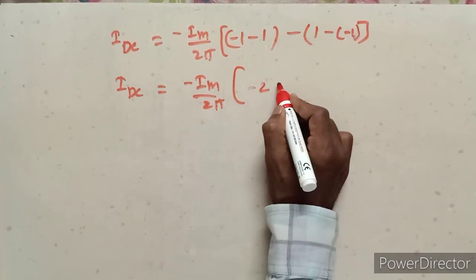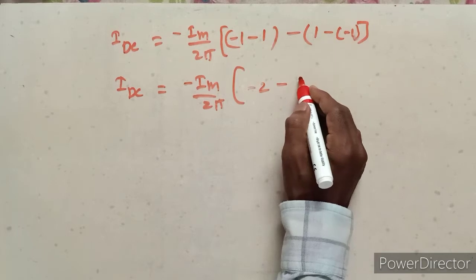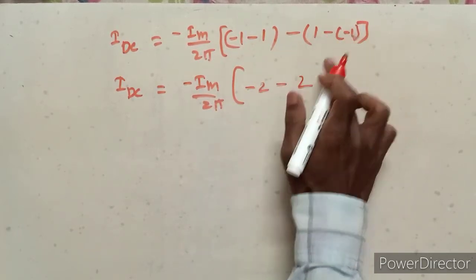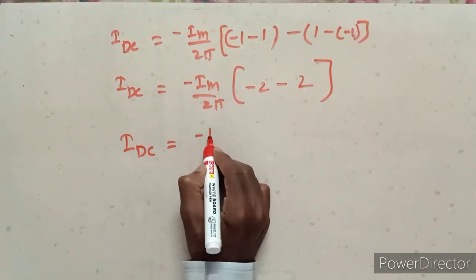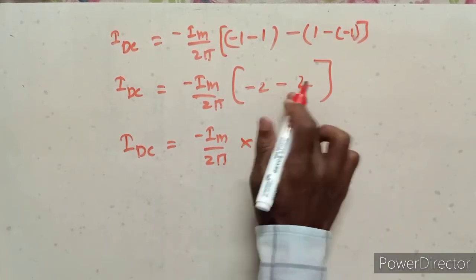So the dc value of the current equals minus Im upon 2 pi, minus 2 minus 2, that is minus 4.